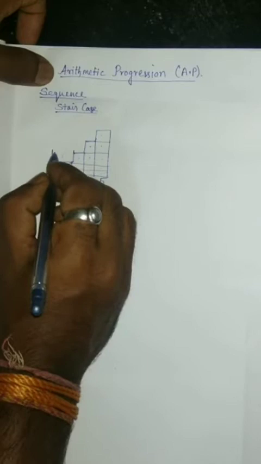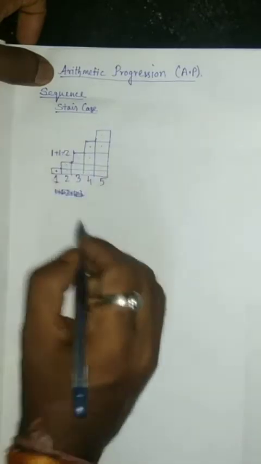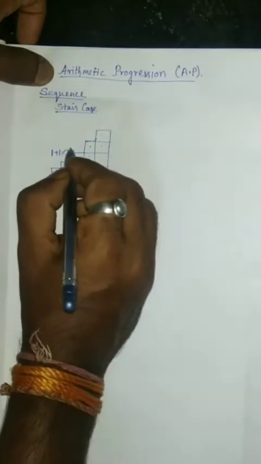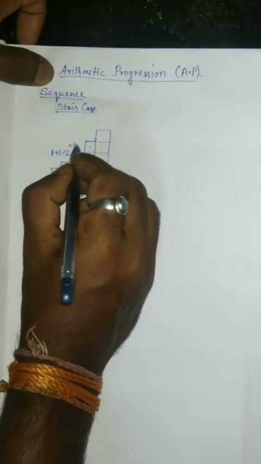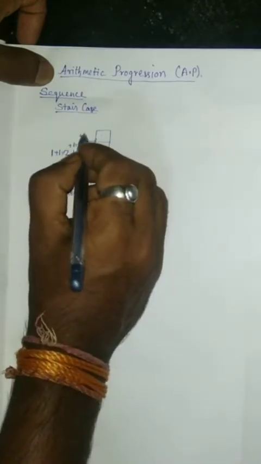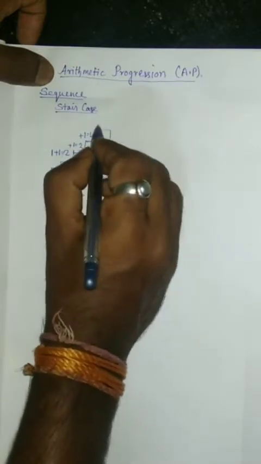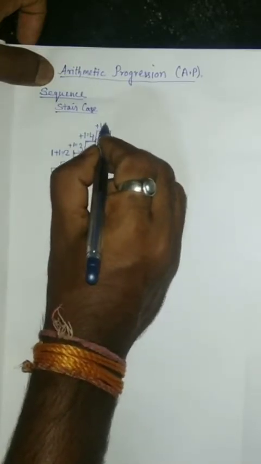If with this 1 I add 1, it will become 2. If with this 2 I add 1, it will become 3. With this, if I add 1, it will become 4. And with this, if I add 1, it will become 5.